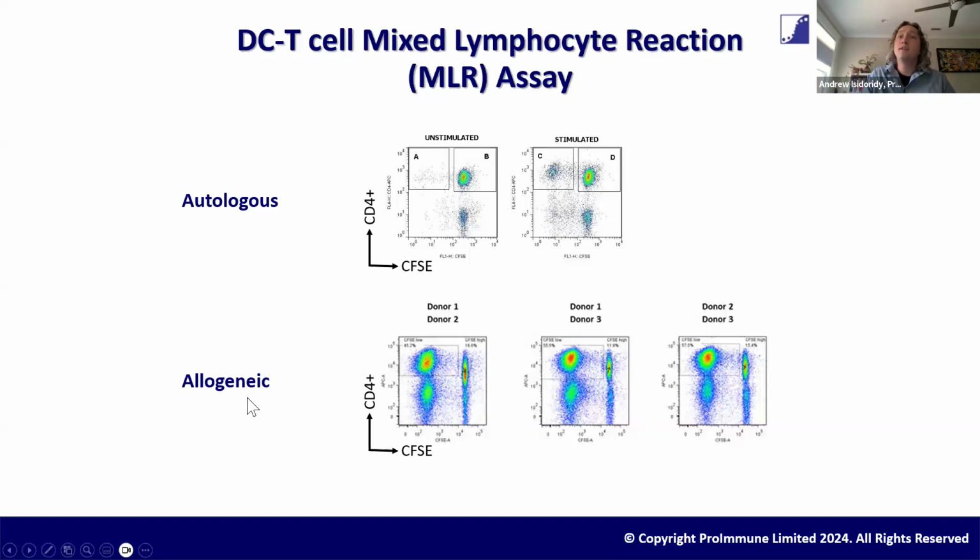For the allogeneic condition, however, you end up seeing around 60 to 80% of your cells in a stimulated condition. So the mixed lymphocyte condition drives about 60 to 80% proliferation. What this allows for is that anything that would increase or decrease that effect can be seen, and you can get that immune modulatory effect in either direction.